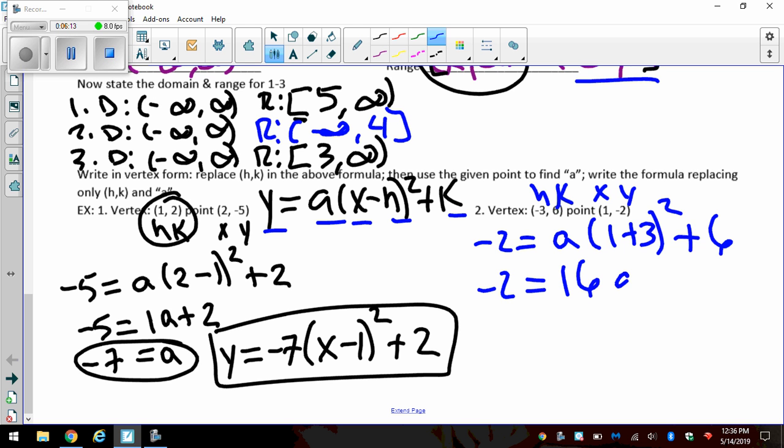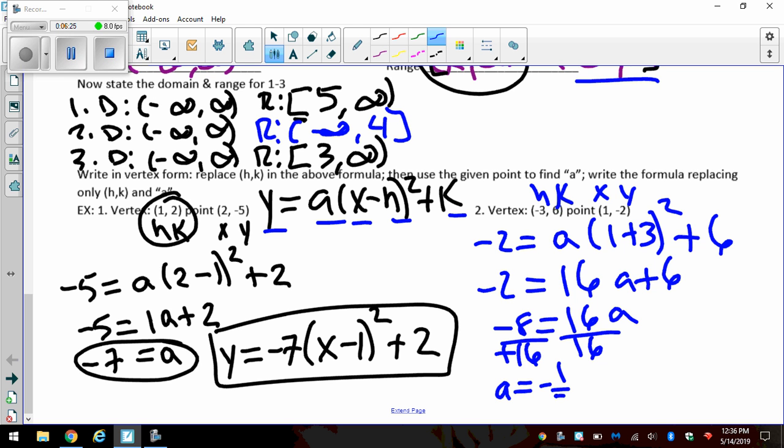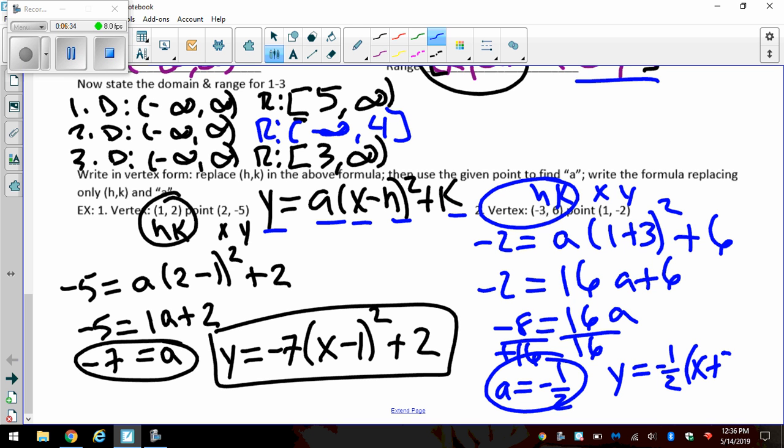So 16a plus 6, minus your 6 over here, divide your 16. So a equals negative a half. So I have my a and my vertex, and plug it in. Y equals negative 1/2. X minus your negative makes it plus, and then plus your k. Did it.